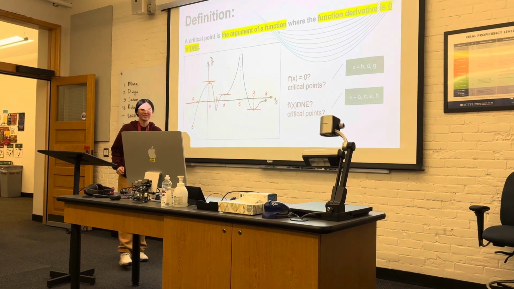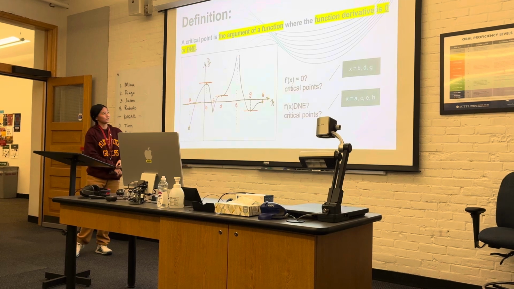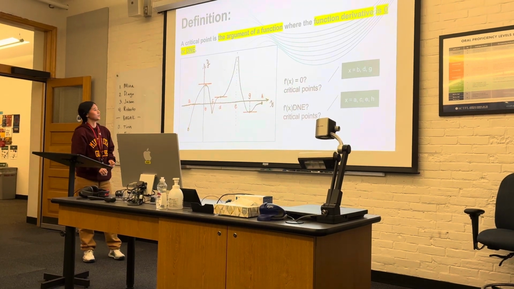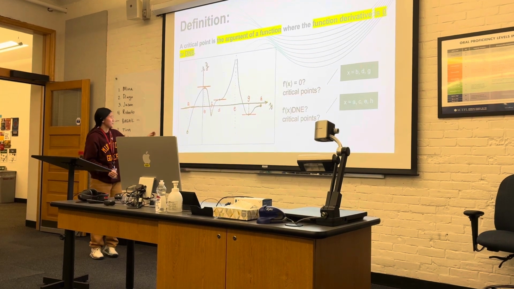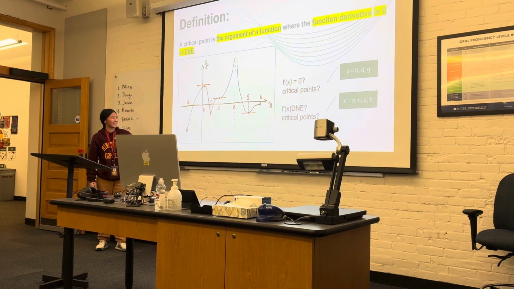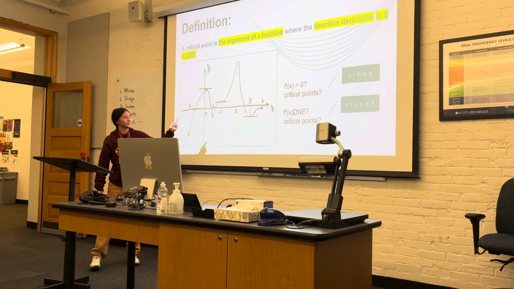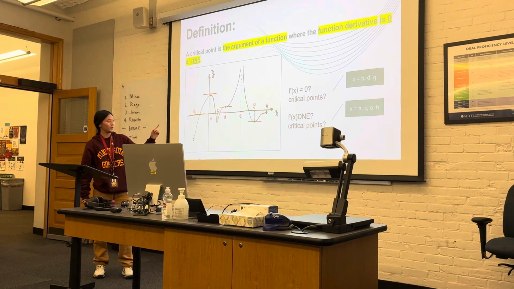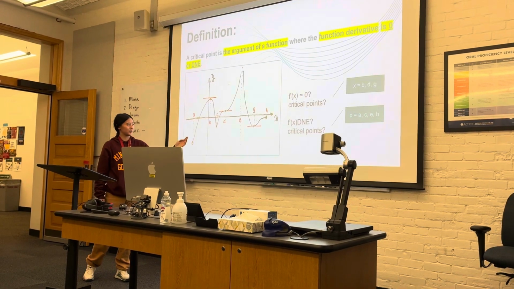this is the definition. A critical point is the argument of a function where the function's derivative is 0 or does not exist. So I put the graph in this slide, and this is an example. I will show you where f prime of x equals 0 and f prime of x does not exist.